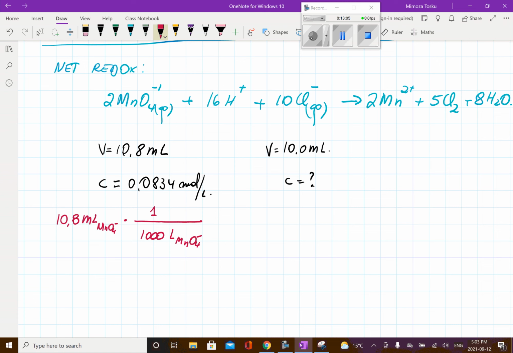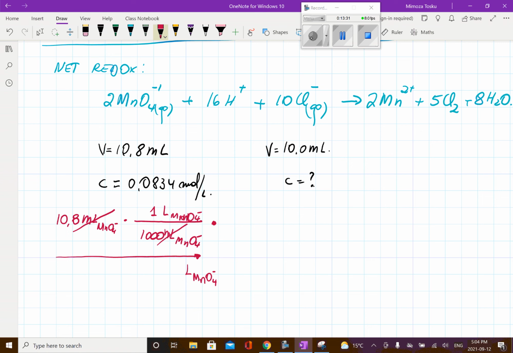So milliliters and milliliters cancel out. What we have up to this point is liters of permanganate.